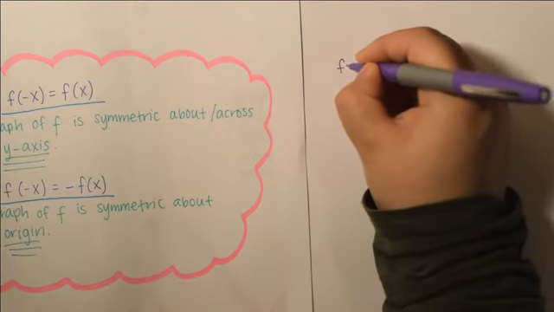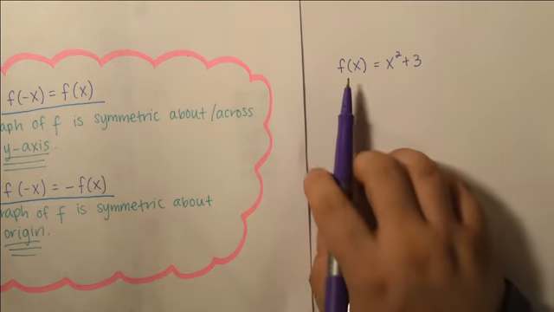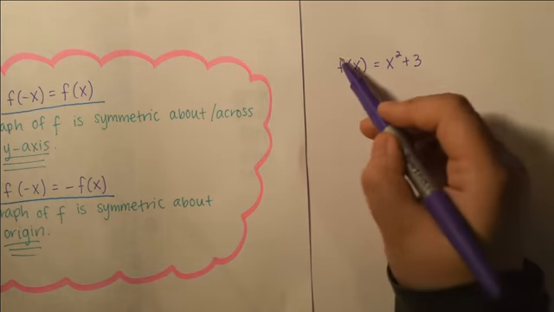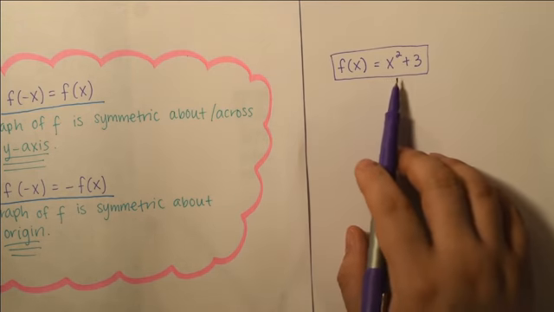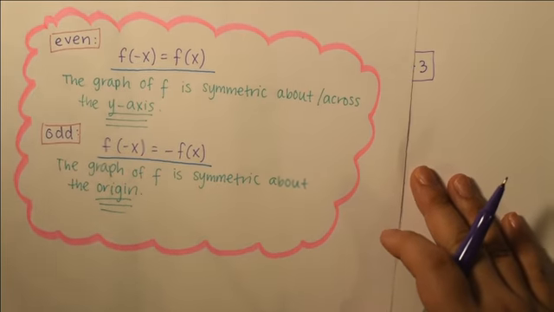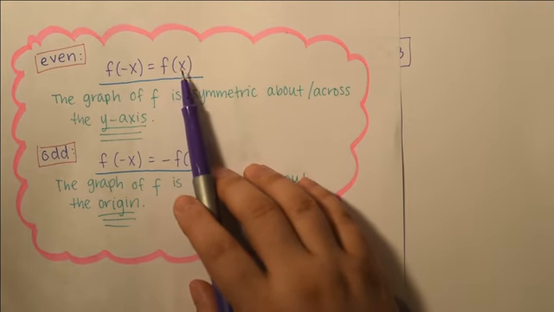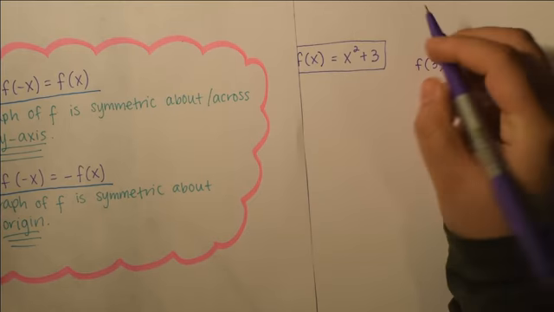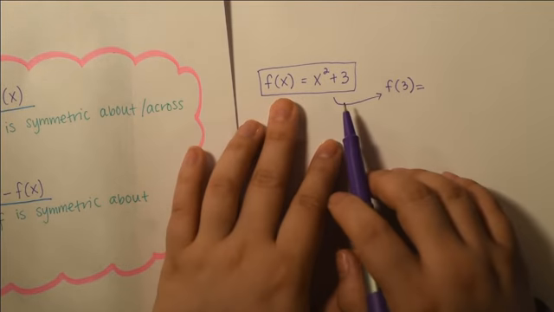Let's say we have f of x equals x squared plus 3. So here we go, we have our function and it is defined. Okay, and if you've studied it already, then you'll know that this looks like a parabola. But the f of x part, for instance, let's say we gave an input of 3. So f of 3 just means I'm plugging in 3 for x.